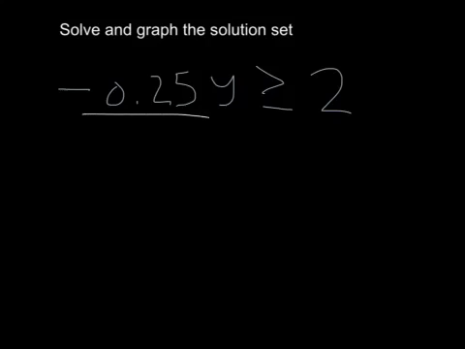Okay, let's do another example. Let's say we had -0.25y is greater than or equal to 2. Just like what we would do normally, let's go ahead and divide by -0.25.